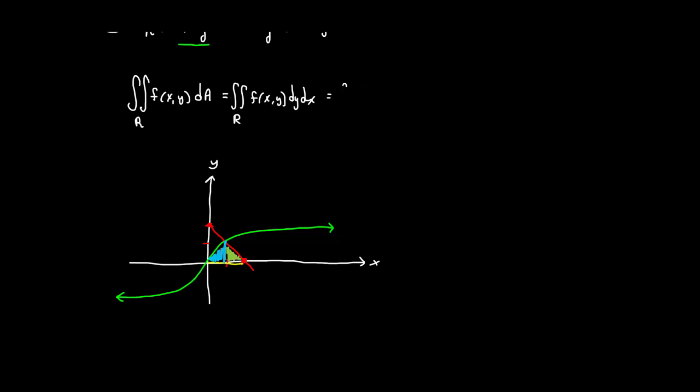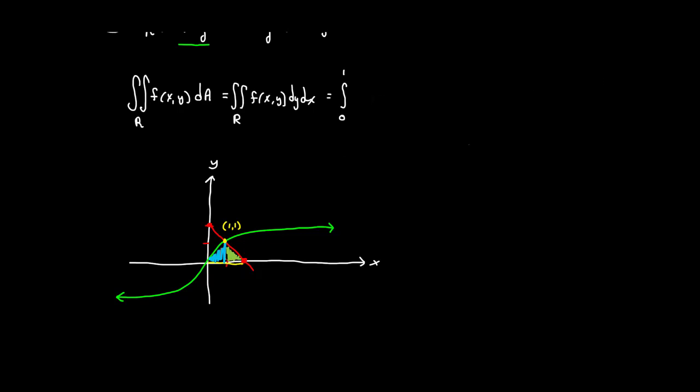So in that blue region, we're going to fix the x. It behooves us to find this point of intersection here. It's a pretty easy point of intersection. 1, 1 is where they intersect. That's going to be our breaking point. So again, that blue region is going to be fix the x, 0 to 1, and then I have to vary the y.